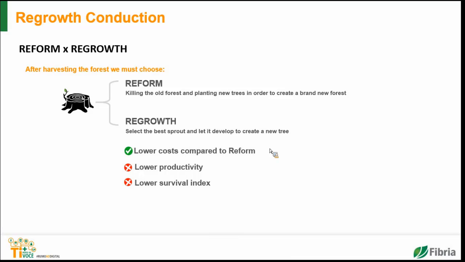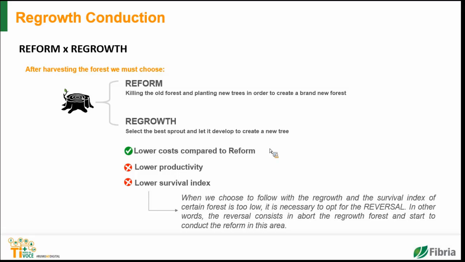And when you see a regrowth, you see a little bit fewer trees compared to the reform. And when we choose to follow with the regrowth and the survival index of a certain forest is too low, it's necessary to opt for something that we call reversal. In other words, the reversal consists of aborting the regrowth forest and starting to conduct the reform in this area.